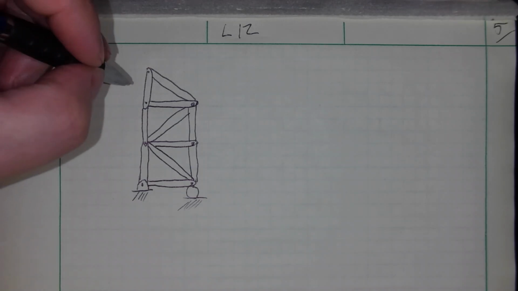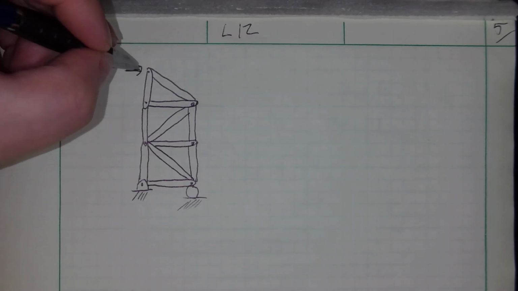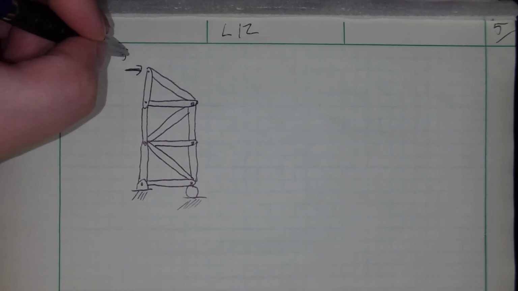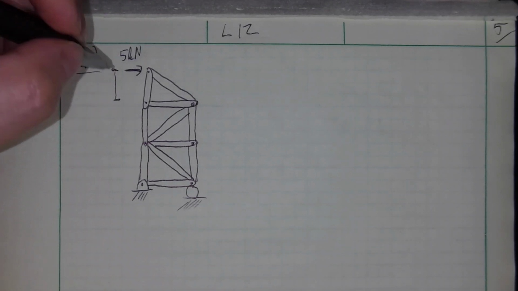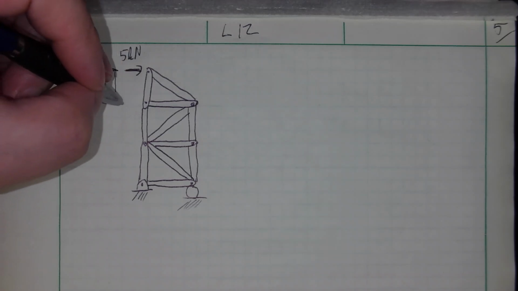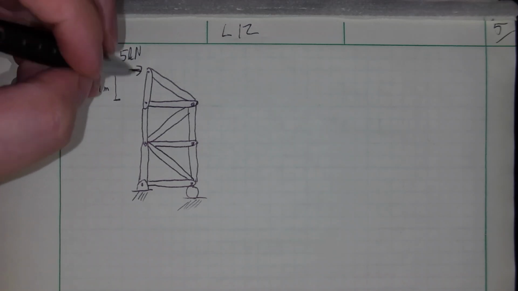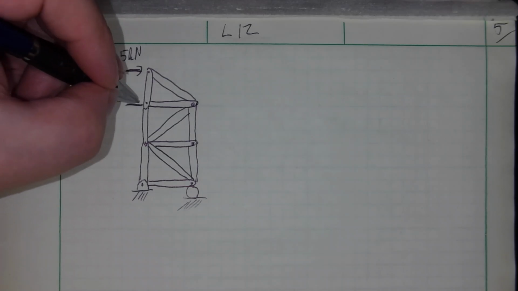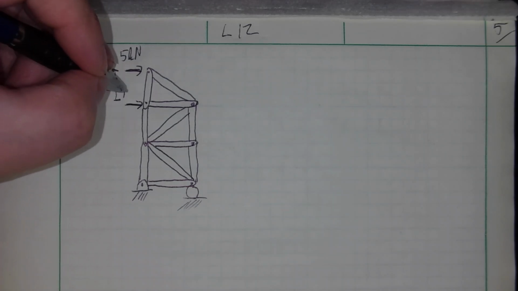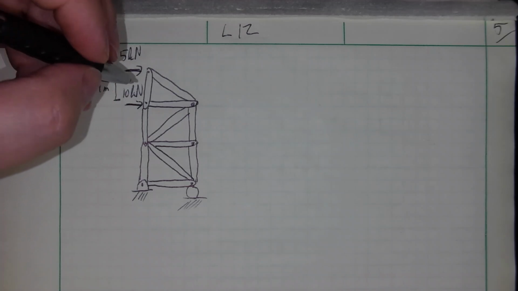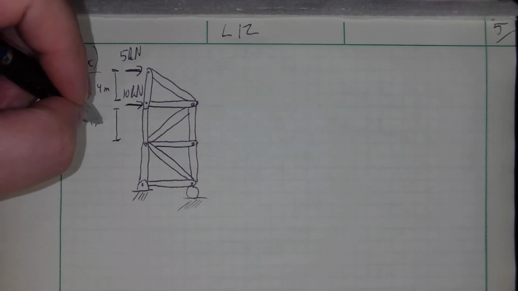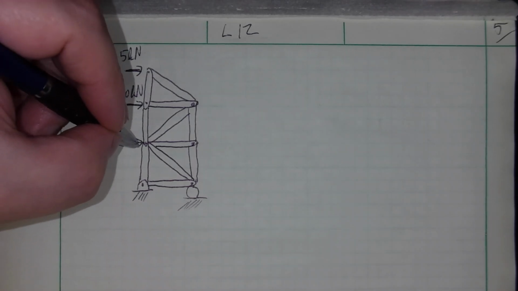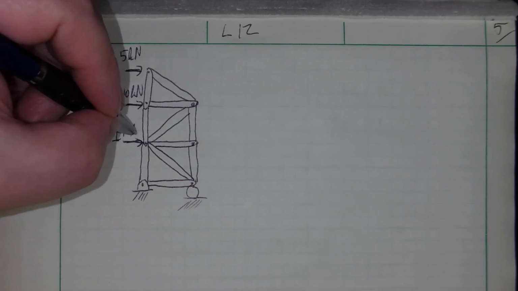Forces applied. At the very top, we're applying 5 kilonewtons. And again, each segment is 4 meters tall. So 4 meters below that 5 kilonewton horizontal force, there's now a 10 kilonewton force. 4 more meters below that is another 10 kilonewton force.